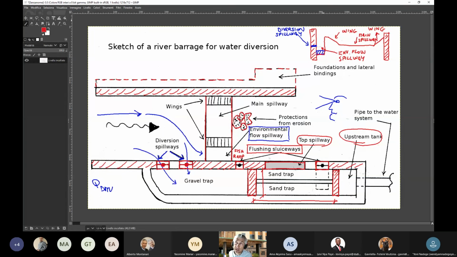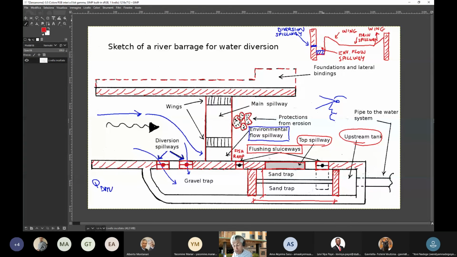I said that the depth of the sand trap is lower than 1 meter, and a typical order of magnitude for the width is 2.6 meters for each channel. And so what is the way to design the length then? Let's suppose that we have orders of magnitude for the width and the depth. What is the way to design the length?